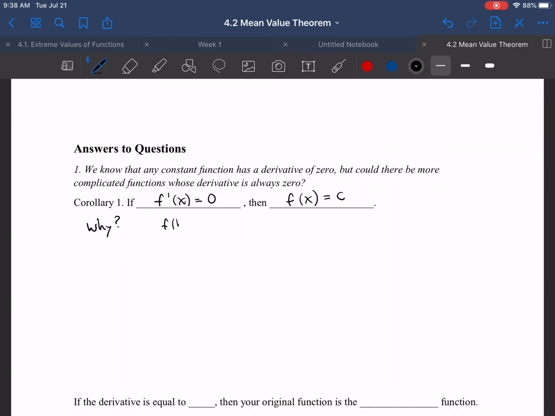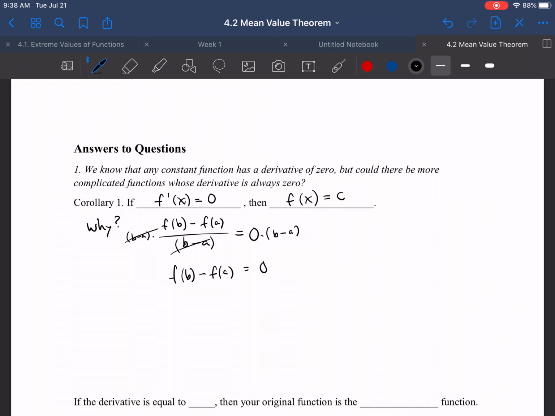Because if we have f of b minus f of a over b minus a equal to 0, then we can multiply both sides by b minus a, right? So by what's on the bottom, b minus a times b minus a. And so that cancels there, and it goes to 0 on the right-hand side. So then we end up with f of b minus f of a equals 0.